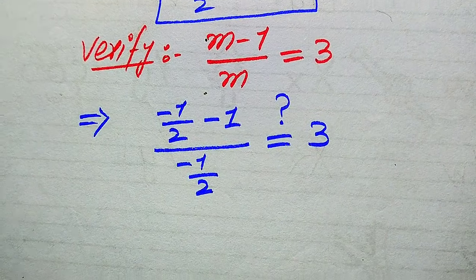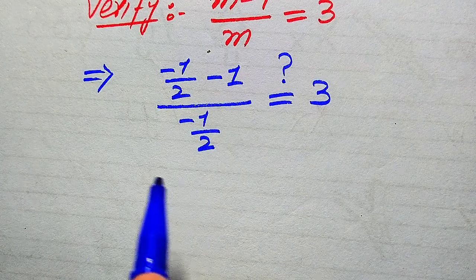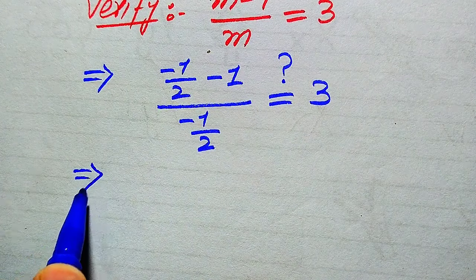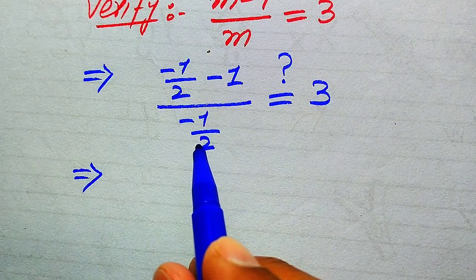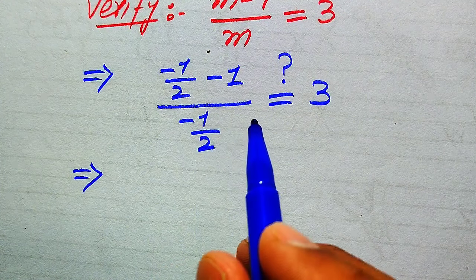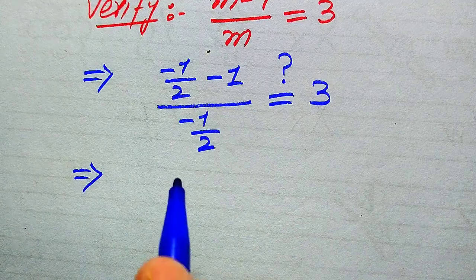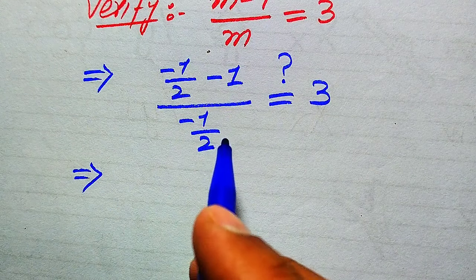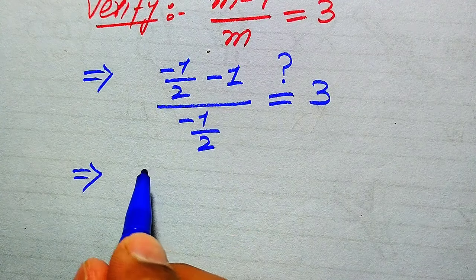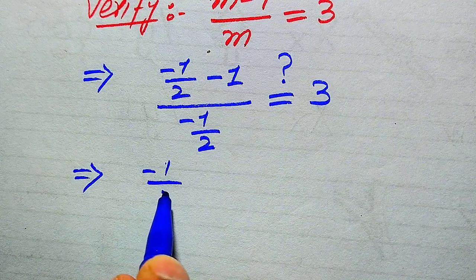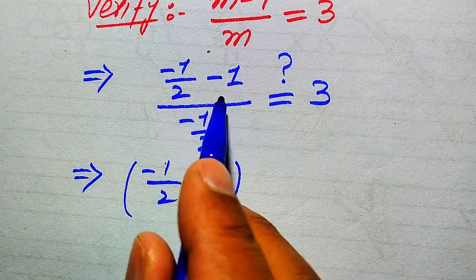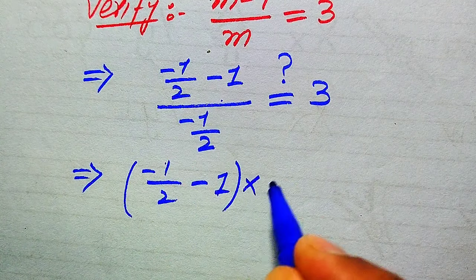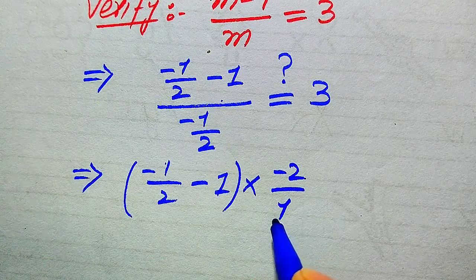So this is our verification. Now you see that this minus 1 over 2 in the denominator is a fraction over fraction, so it will move upward in reciprocal form. So we have minus 1 over 2 minus 1 as our numerator term, and this term is written as minus 2 divided by 1.